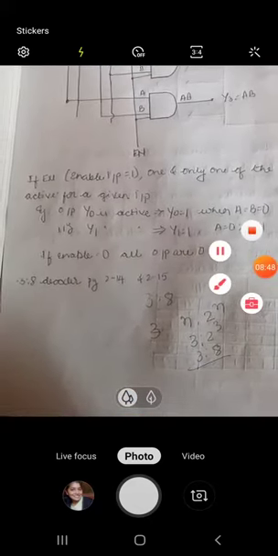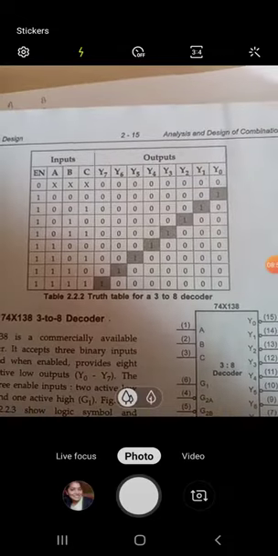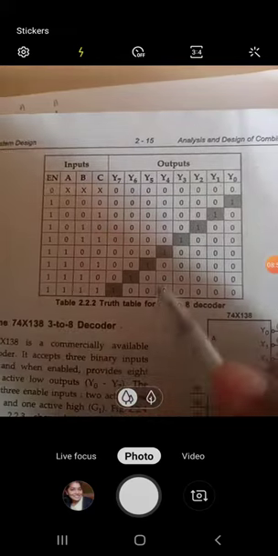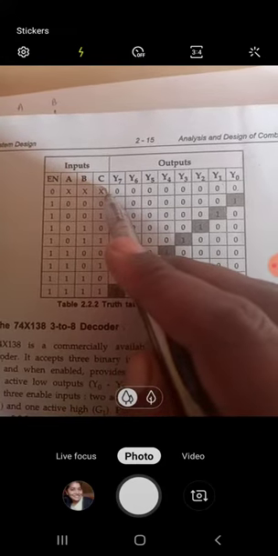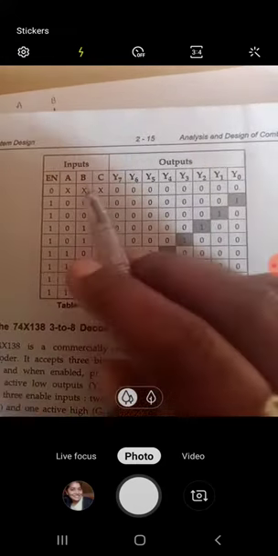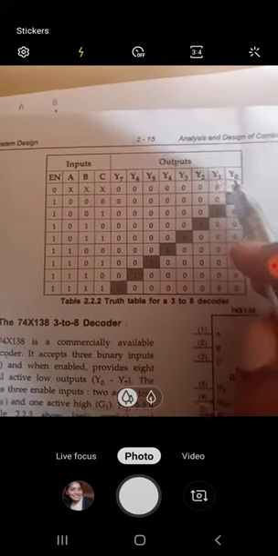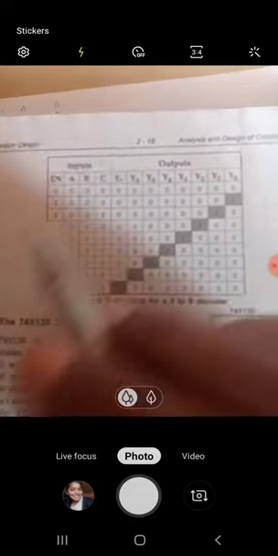Presently you are seeing the truth table for a 3:8 decoder. A, B, C are the 3 inputs, and you have to have 8 outputs: Y0, Y1, Y2, Y3, Y4, Y5, Y6 and Y7.